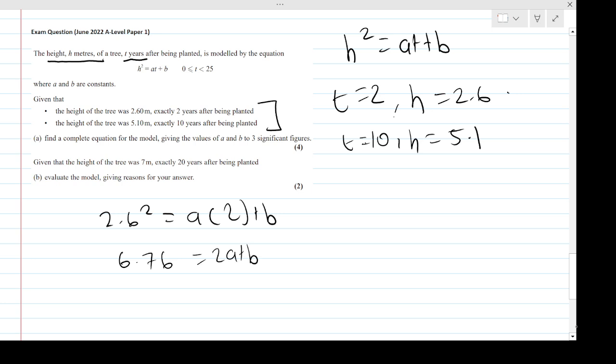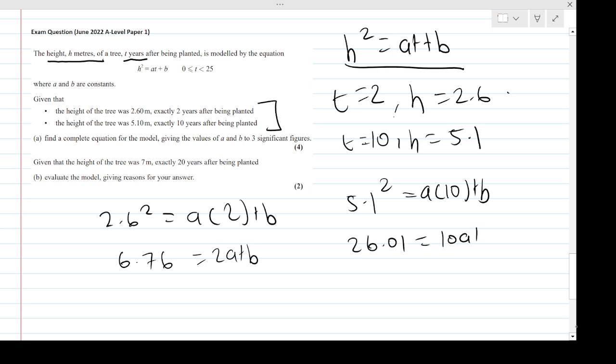Then for the other bit of information, when t is 10, h is 5.1, then 5.1 squared is going to equal a lots of 10 plus b. 5.1 squared becomes 26.01, which is equal to 10a plus b.